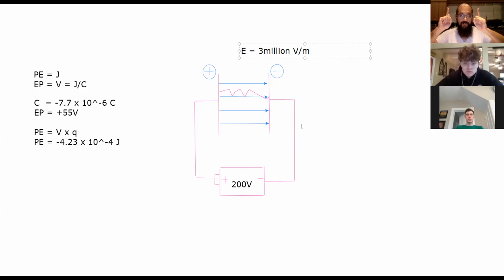However, if you had a 220 volt difference here at, let's say, 1 meter, and it was disconnected, if you halve that, the two plates would not have a 220 volt difference, because you'd be inducing a charge on both of them.